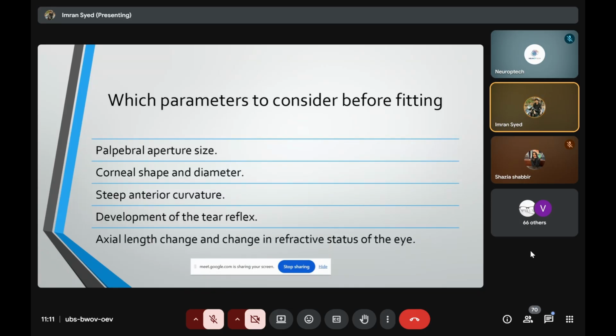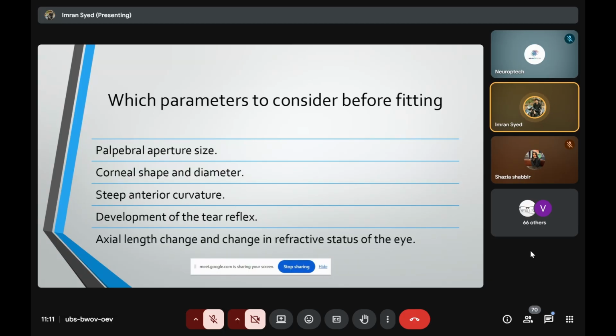So there is a slight difference between the parameters that you consider in adults and in children. In adults, you'll consider the HVID diameter and your anterior corneal curvature, your flat K values. These things you'll consider, and you will see if the ocular surface is fine or not. But in children, it is a little bit different.